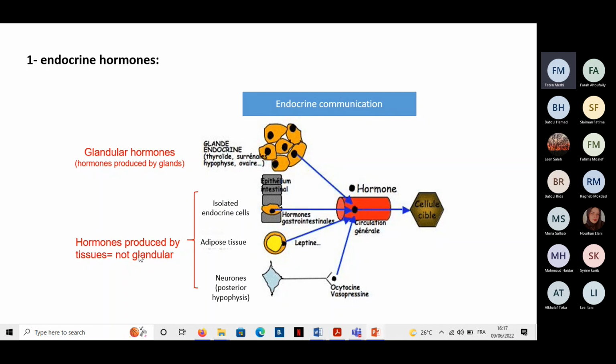So that's what I was explaining here, that we have endocrine hormones that can be produced by glands, which we call glandular hormones, and other endocrine hormones which are not glandular. They can be produced by some neurons or by isolated cells or by the adipose tissue, for example.